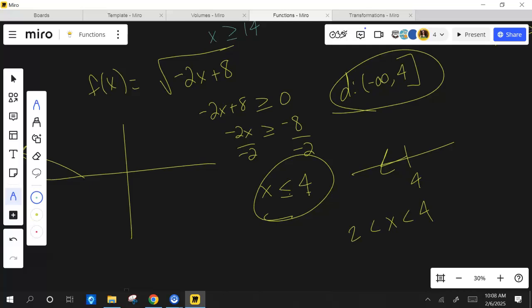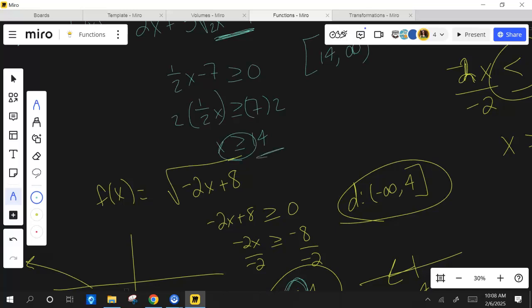Because the inequality sign changed, because I divided by a negative number. Less than means you start with negative infinity. Greater than means I start with the number. All right, that's scenario 1. This is painful.